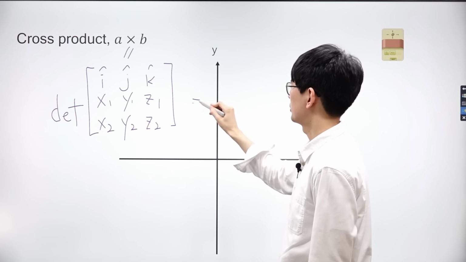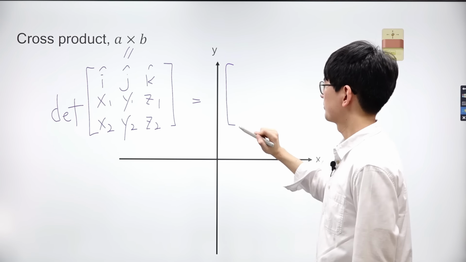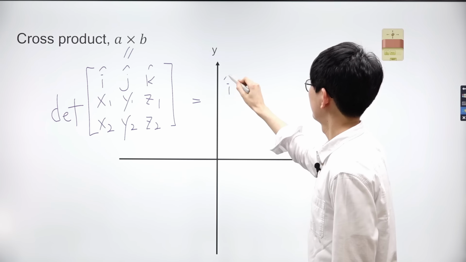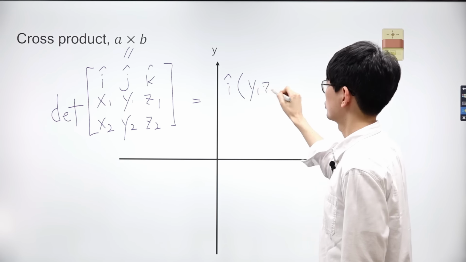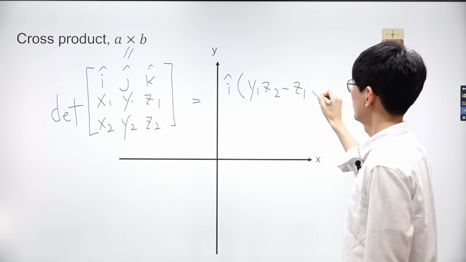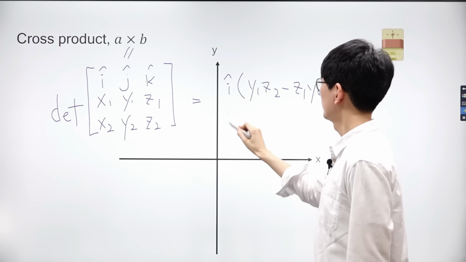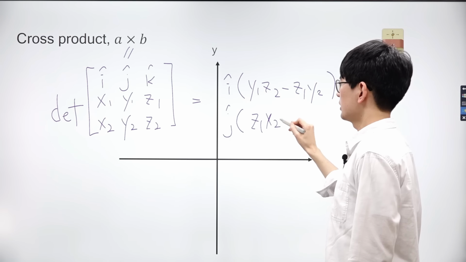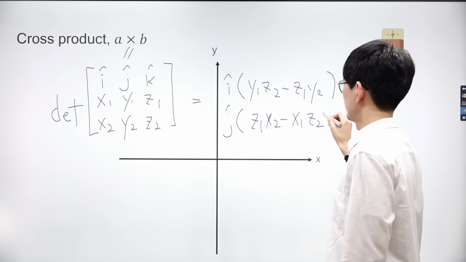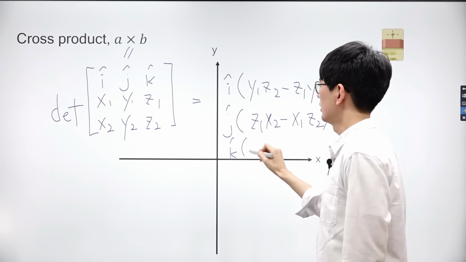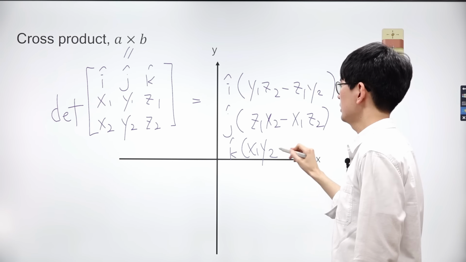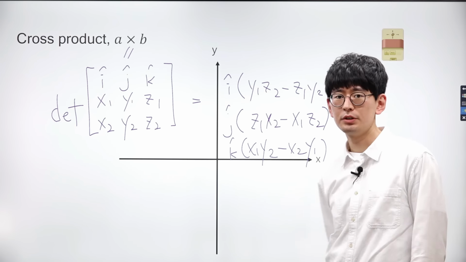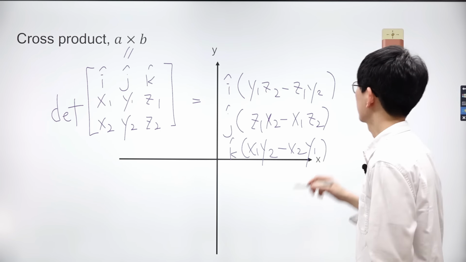For the i component, calculate the determinant of the corresponding 2x2 matrix as y1 z2 minus z1 y2. Similarly, for the j component, compute z1 x2 minus x1 z2. And for the k component, evaluate x1 y2 minus x2 y1 from the corresponding 2x2 matrices.